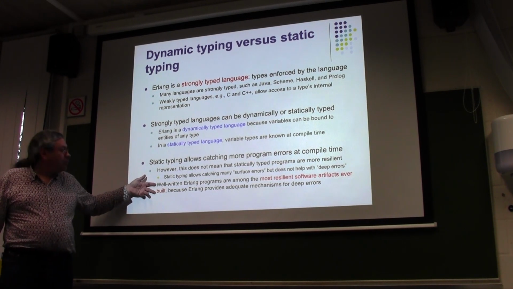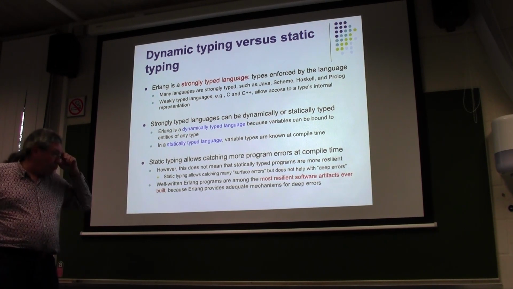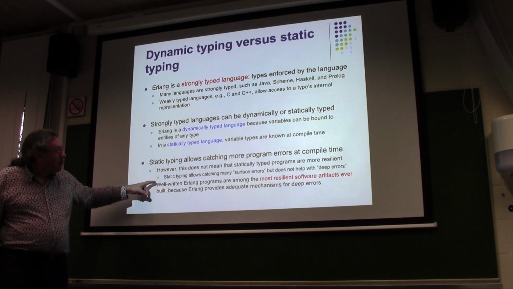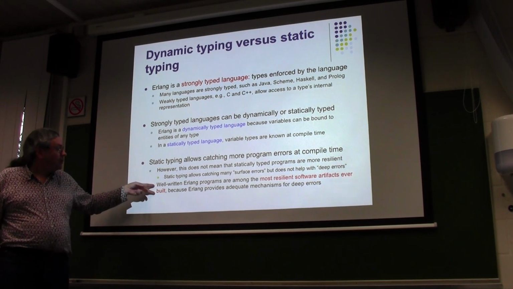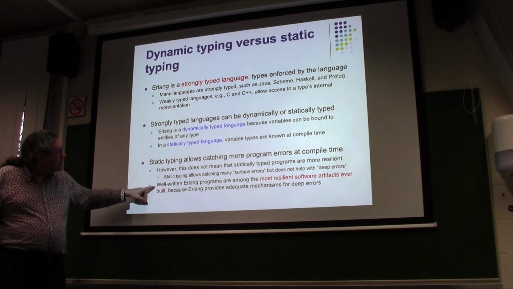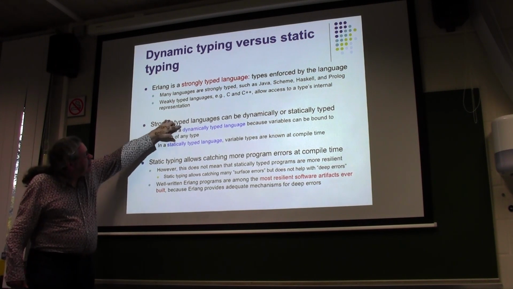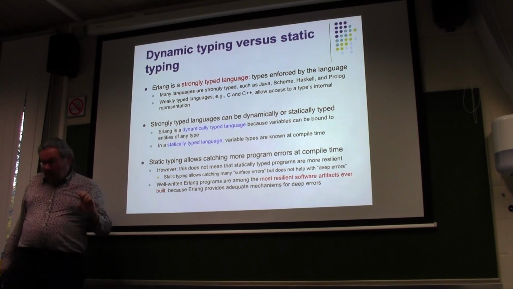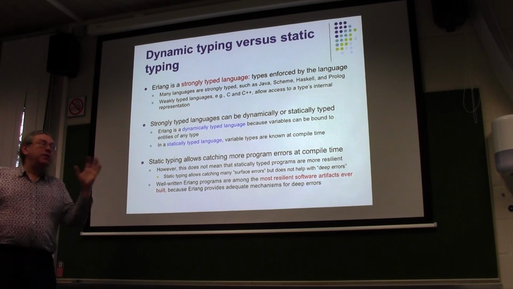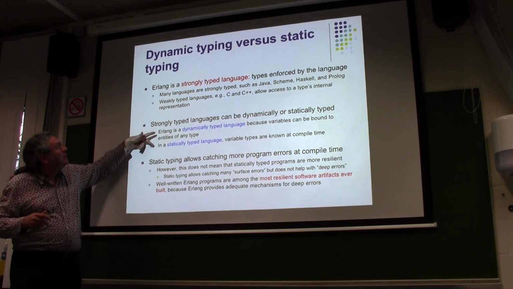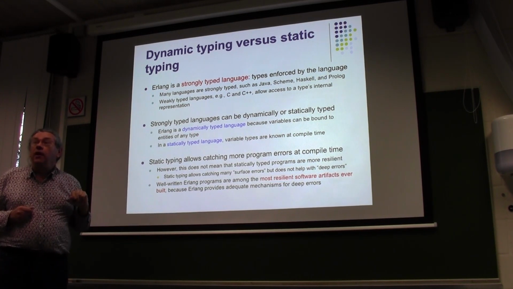Unlike Erlang. You would not build a long-lived, robust system in Haskell, but you would do it in Erlang, and it works very well. So basically, the difference between dynamic and static typing is kind of like a red herring, which means it's actually not so important for resilience.